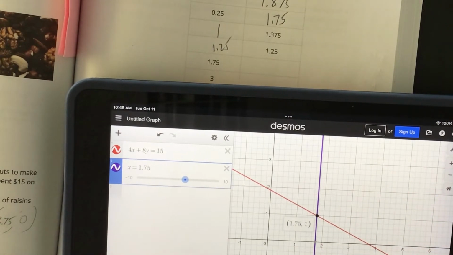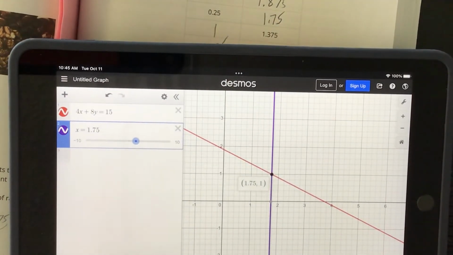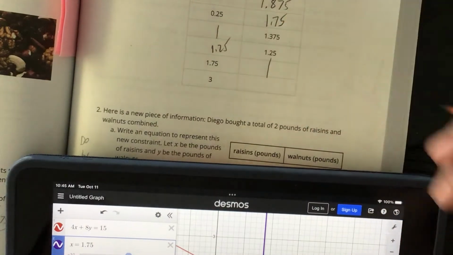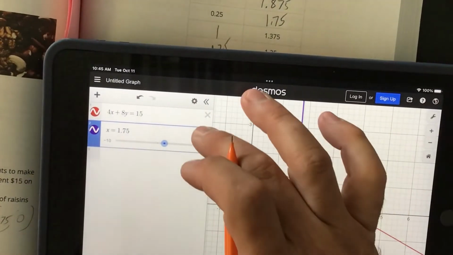Wait, you just put the equation on top and then just write that below? Yep. So that would be 1.3 pounds of raisins.